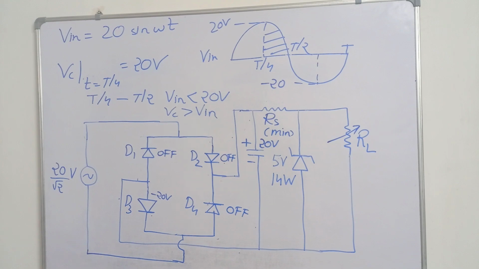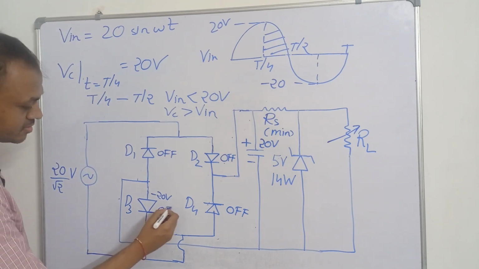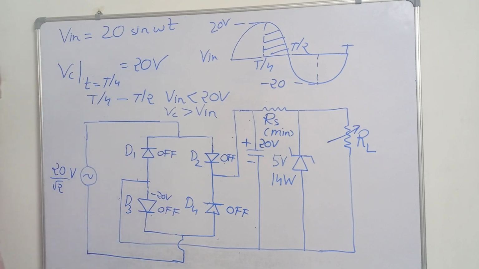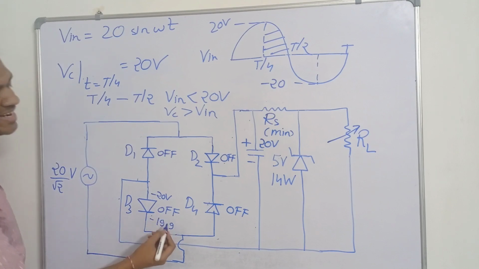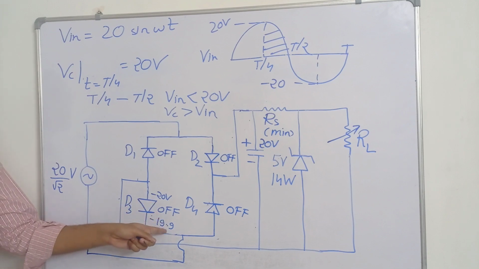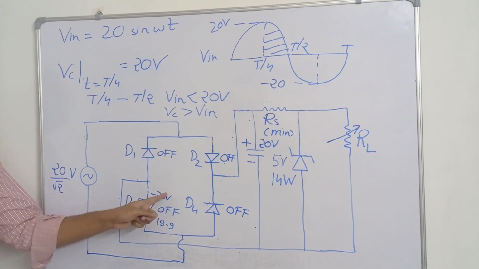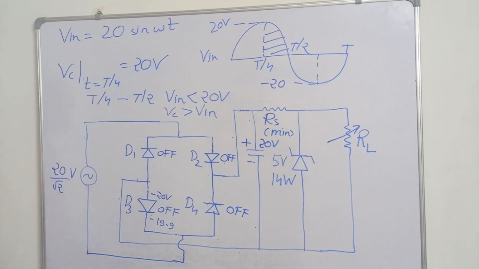So D3 will also be off. Because this voltage will be minus 19.9, let's say for an example. So minus 19.9 is bigger than minus 20, so D3 will also be off.